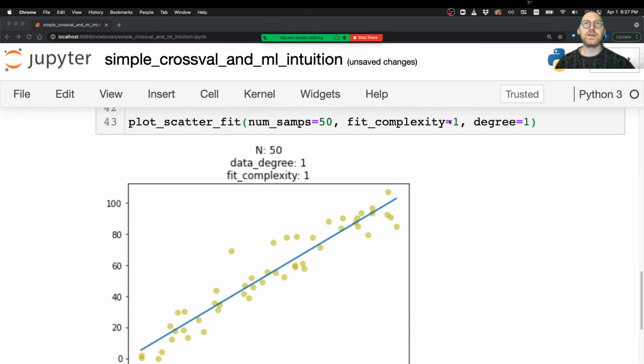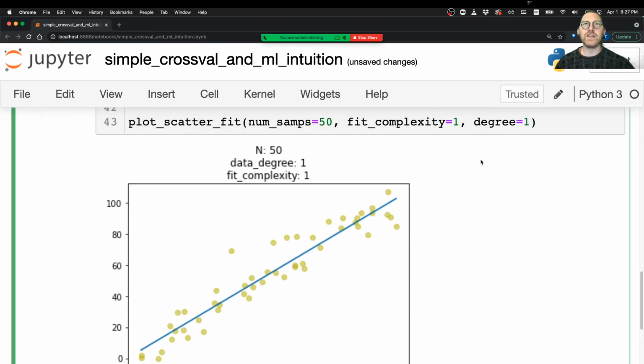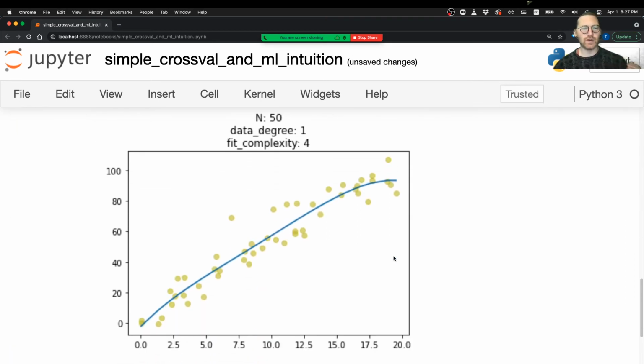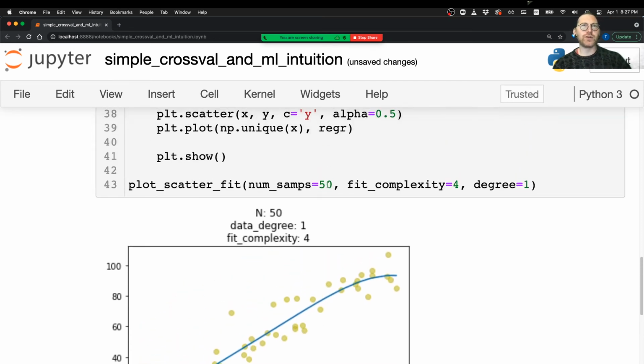What happens if we change the fit complexity to 4? We get some curvature in there, right? We get some curve in that fit line. Now, we know that the underlying function has a degree 1. But in the real world, you're not going to know that.